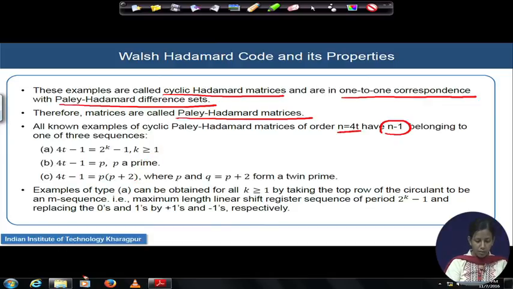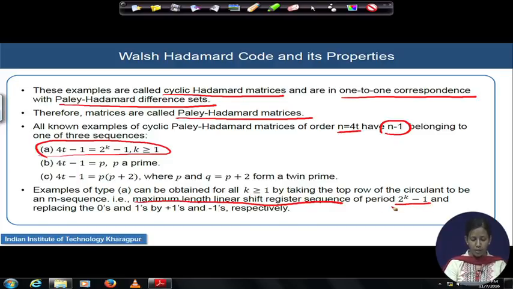For case number 1, if the order is n, then n minus 1 is equal to 2 to the power k minus 1. In order to generate this first type of the Paley-Hadamard matrices, k should always be greater than or equal to 1, and we start from a maximum length sequence. So, we keep the maximum length linear shift register sequence as the top row, and then we go ahead with the circulant of all those m-sequences, where the period of the maximum length sequence is 2 to the power k minus 1.